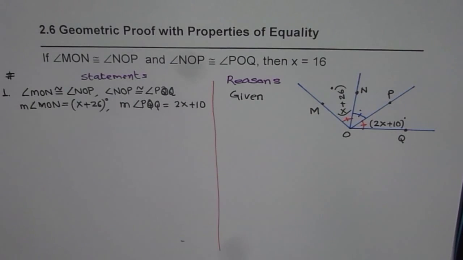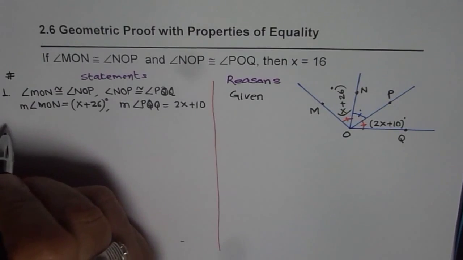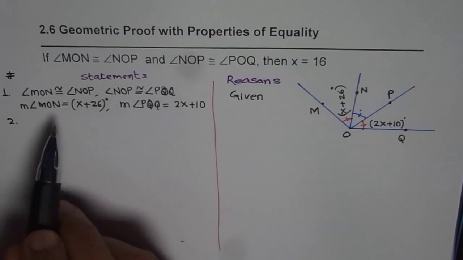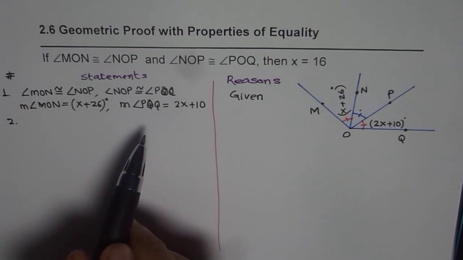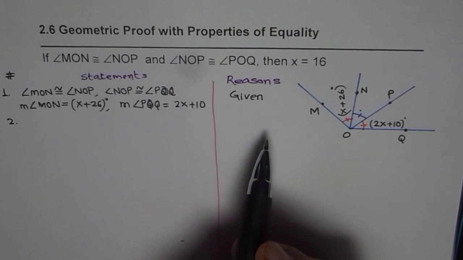I'd like you to pause the video at this stage, write down your own statements, then check with mine. It'll be a good practice, okay? So that is how you should be doing it. Now, what we can do is we can relate these two angles, right? So first, let me say what I just said.